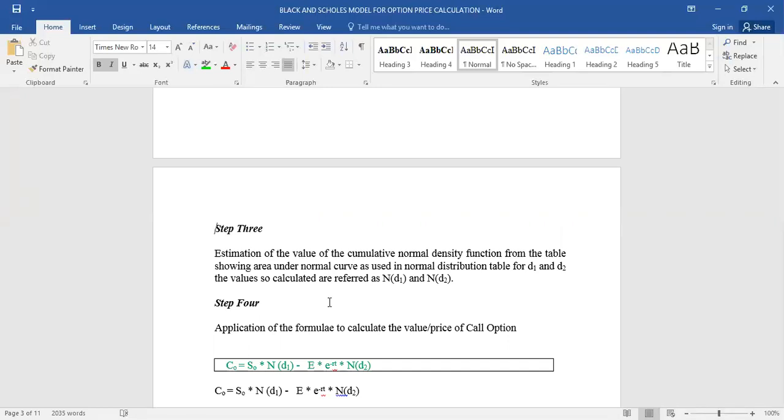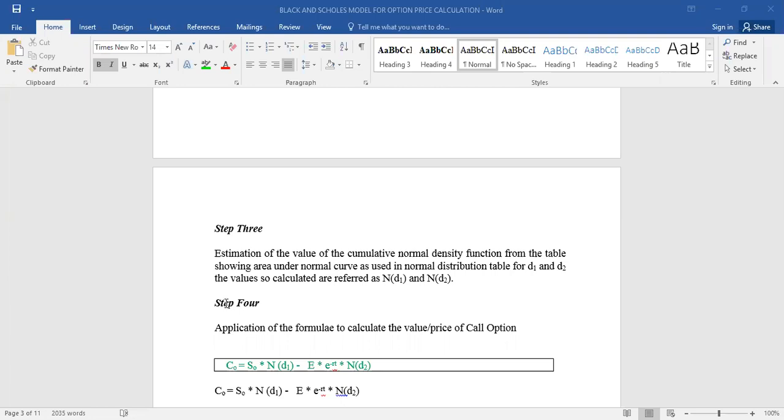So that's what we have to look for, these values in the cumulative normal table. So let us move further. We had completed till finding out the area under the normal curve for the cumulative normal distribution table. When I actually solve the numerical, I'll tell you how to read the table.